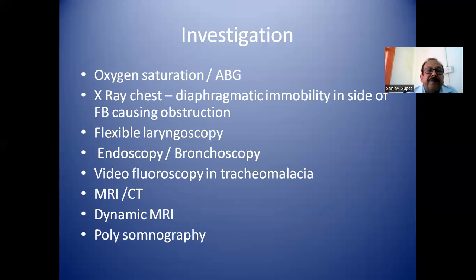Flexible laryngoscopy may be done. Endoscopy and bronchoscopy. Video fluoroscopy in tracheomalacia. MRI and CT or virtual CT scan can be done to exclude a foreign body. Dynamic MRI in cases of sleep apnea and polysomnography again in cases of obstructive sleep apnea.